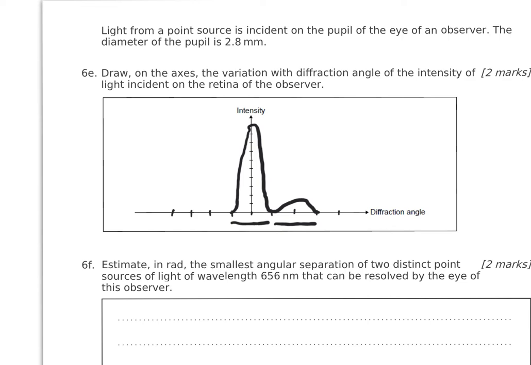I do not want that. Instead, the width of the secondary maximum is going to be half the width of the primary, and then you keep on going, getting smaller and smaller. Do the same for the other side. It's all approximate. Here we go.